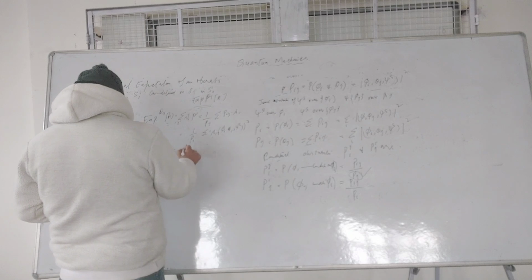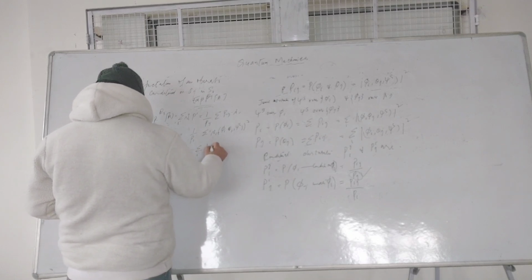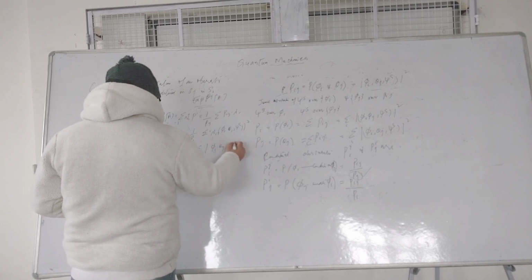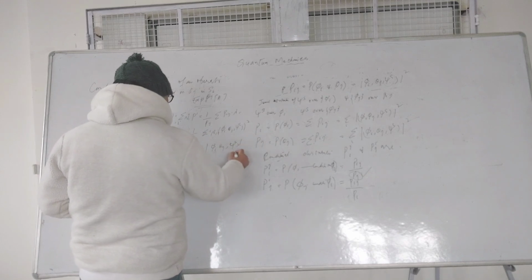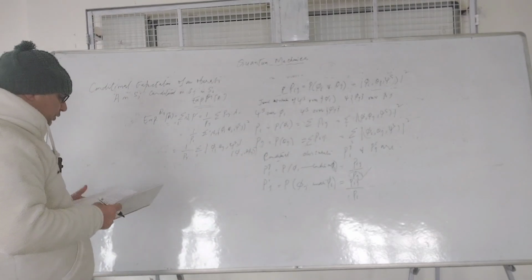So it's basically 1 by pj sigma I phi I theta j psi of s phi I a phi j. So this is the way.